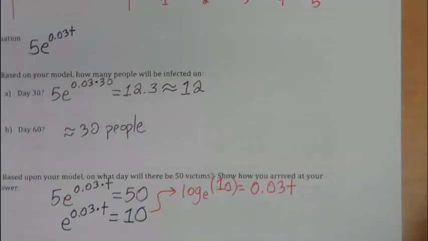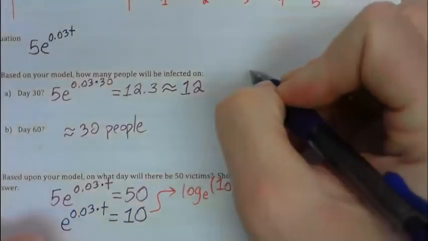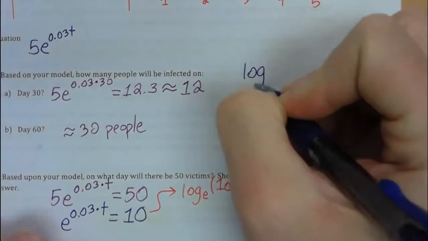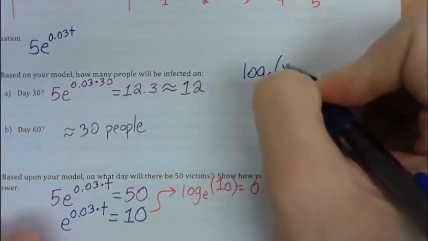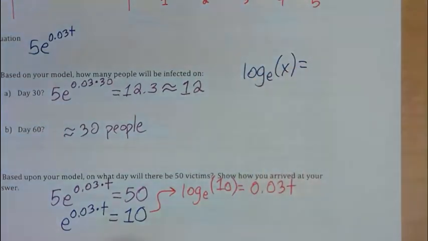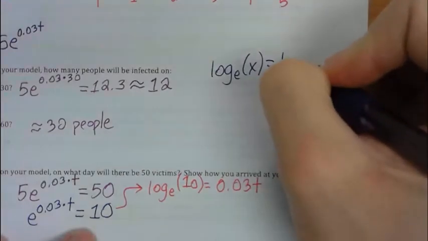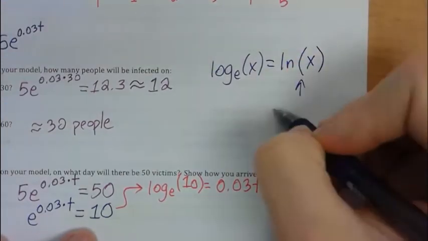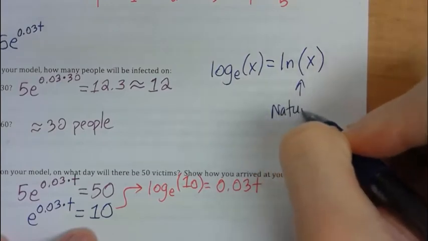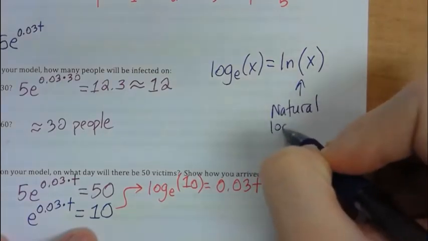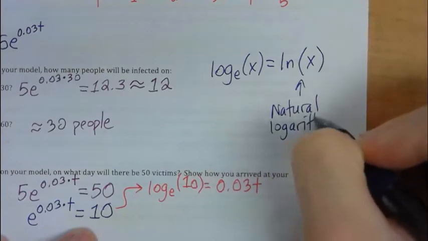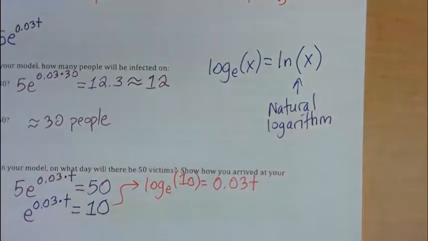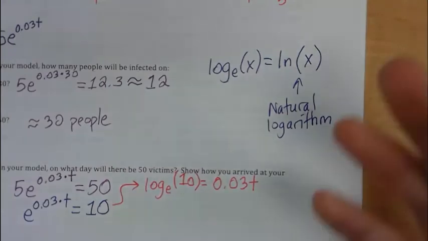So if we go up here to write some notes down: if you have log base e of x, that is the same thing as writing ln of x. This right here is known as a natural logarithm. It's just base e, so we're talking about continuous growth or decay, logarithms, exponential form, and that's what we are using natural log for.